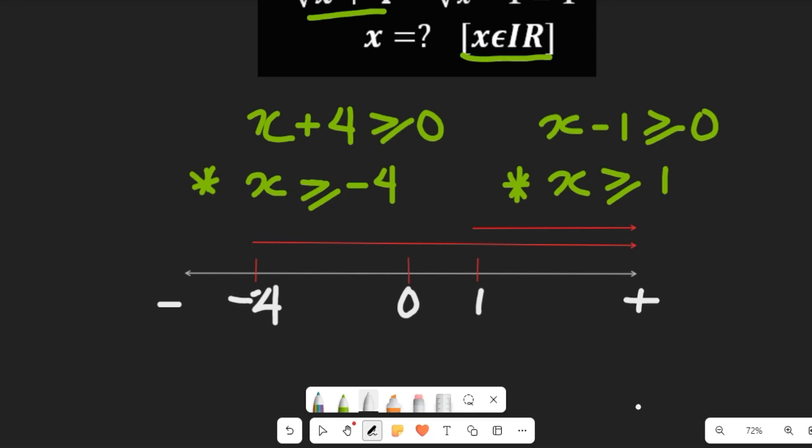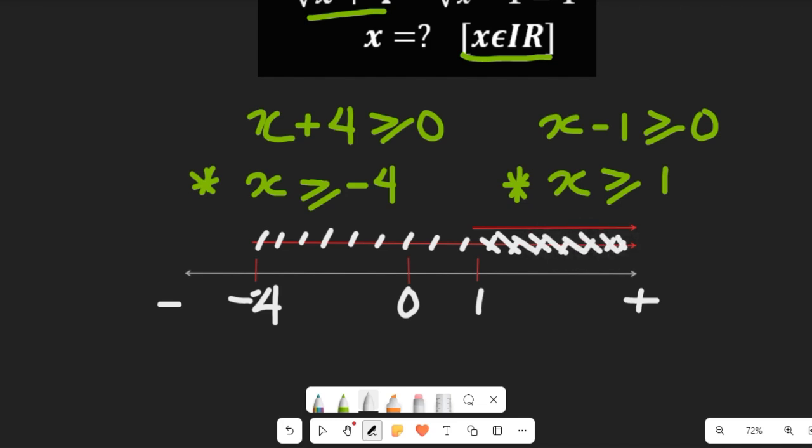While x greater than or equal to -4 ranges from this point to all these points, we can see that x greater than or equal to 1 ranges from this point to this point.